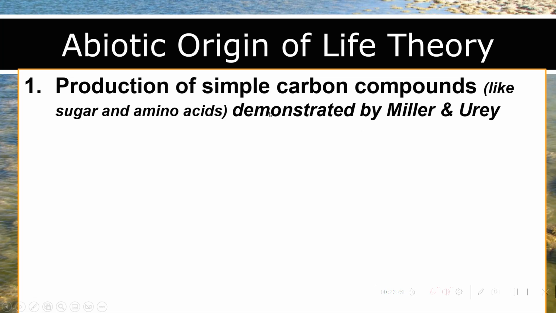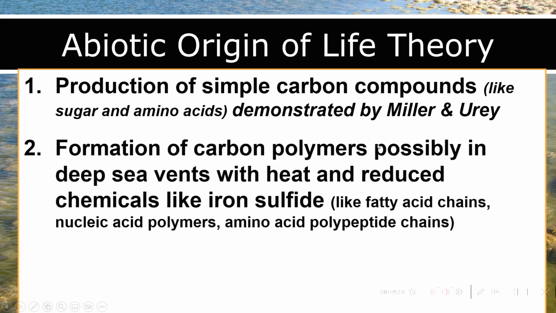They were able to create simple carbon compounds like amino acids and ribose. That's what was collected from that. We also know, from further studies later, that these carbon compounds, amino acids, ribose sugars, and some bases show up on rocks from space. So simple carbon compounds can occur in nature.